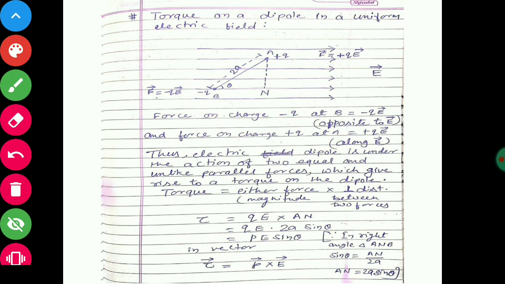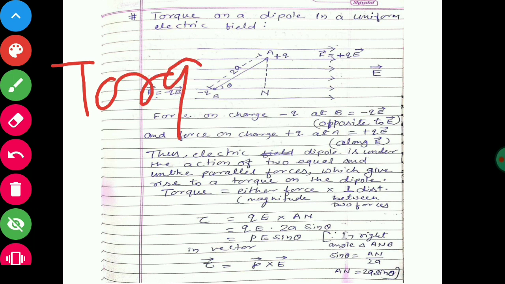Thus, the electric dipole is under the action of two equal and unlike parallel forces. These two forces are equal in magnitude and opposite in direction, which give rise to a torque on the dipole.